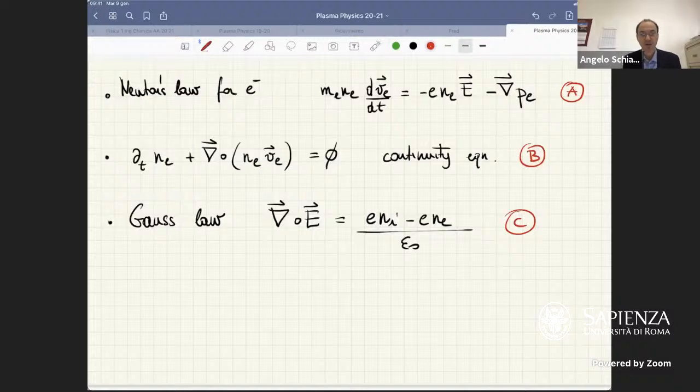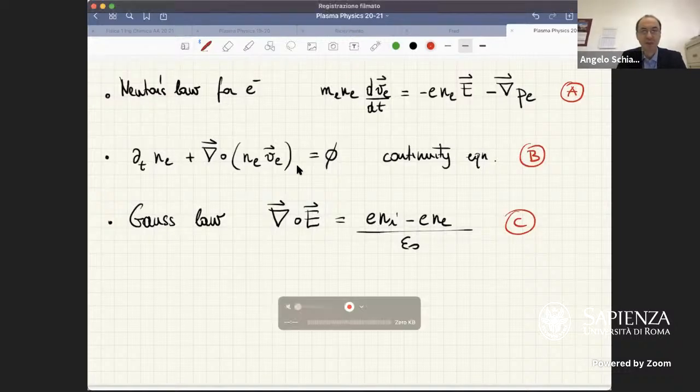Combining these three equations after the break, we will obtain the wave solution for longitudinal waves in plasma, and we will get the dispersion relation as well. So let's take a break. Are there any questions? No? Okay. So let's take a break, and then reconvene here in 10 minutes' time, at 9:15.